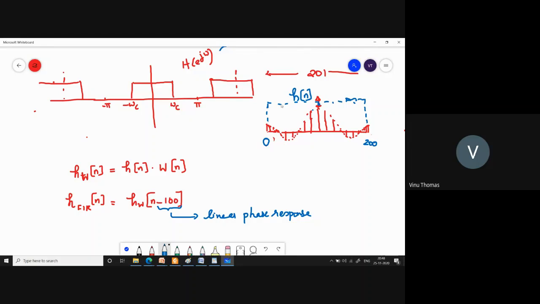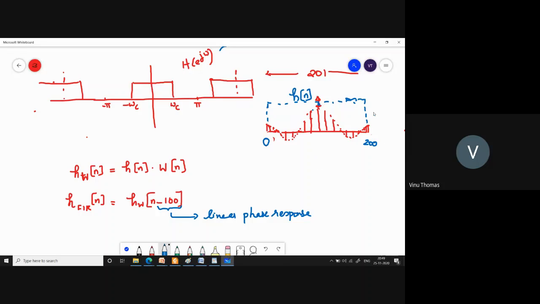It is because I have selected a window that is symmetric with respect to the origin. So that the windowed sequence is now a symmetric sequence. For this example, the windowed sequence is a symmetric sequence. So therefore, it has to be either type 1 or type 2. Most likely, it is going to be type 1 because we have a sample at 0. So this is a type 1 filter.